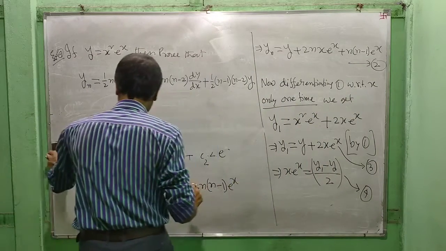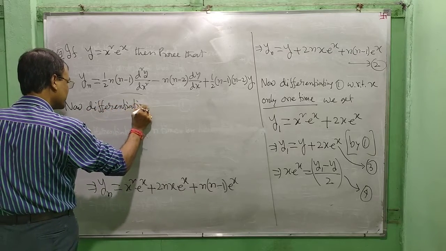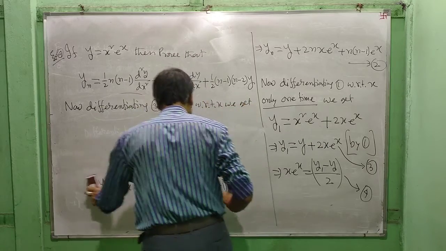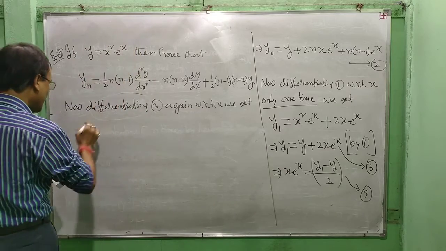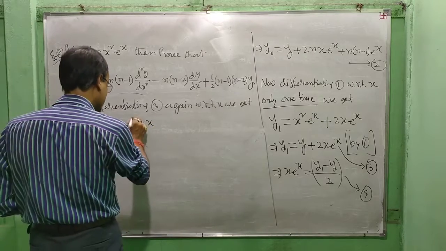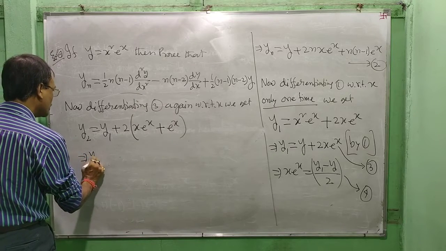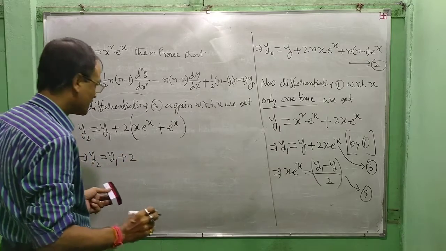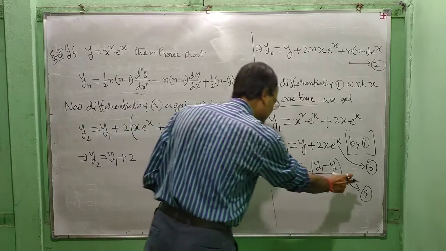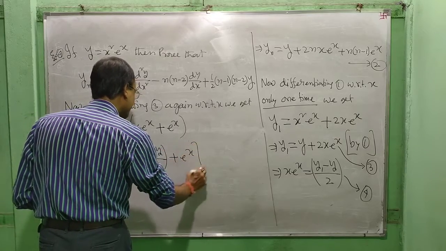Now differentiating 3 again with respect to x, we get y_2 equal to y_1 plus 2 times x e to the power x plus e to the power x. For x e to the power x, using 4, you may write (y_1 minus y) divided by 2, plus e to the power x plus e to the power x.